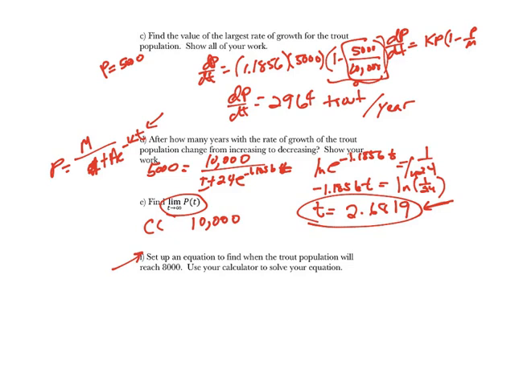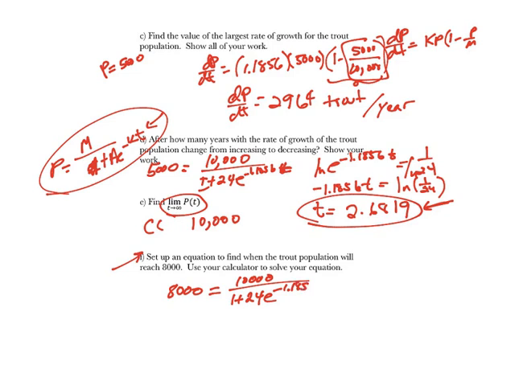All right, so that means I'm using my population equation. So 8,000 is what I want my population to be. Carrying capacity is 10,000 over 1 plus 24, which was A, e to the negative 1.1856 t. Now it says to use my calculator. So I'm going to enter that in y1, and 8,000 in y2, except I'm going to enter t as x.